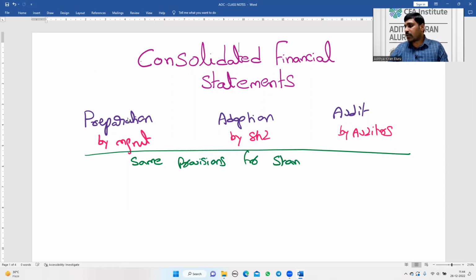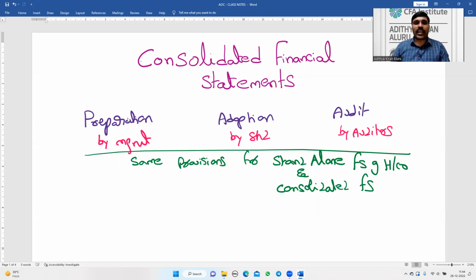For all these three activities, the same provisions are applicable for standalone financial statements of the holding company and also for consolidated financial statements.